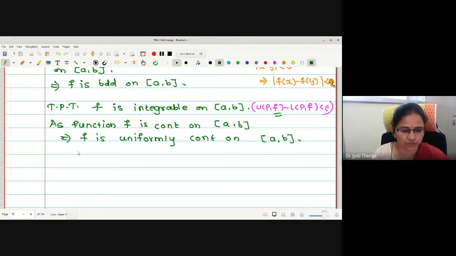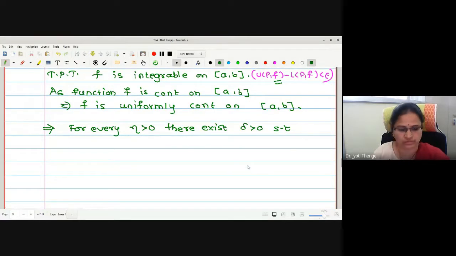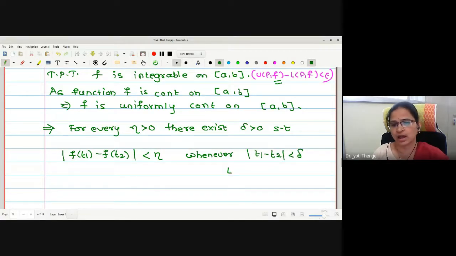So this implies for every eta greater than 0, there exists delta greater than 0 such that mod of f(t1) minus f(t2), where t1, t2 are the two points I am selecting, is less than eta whenever mod of t1 minus t2 is less than delta, and t1, t2 are two points in the interval AB.